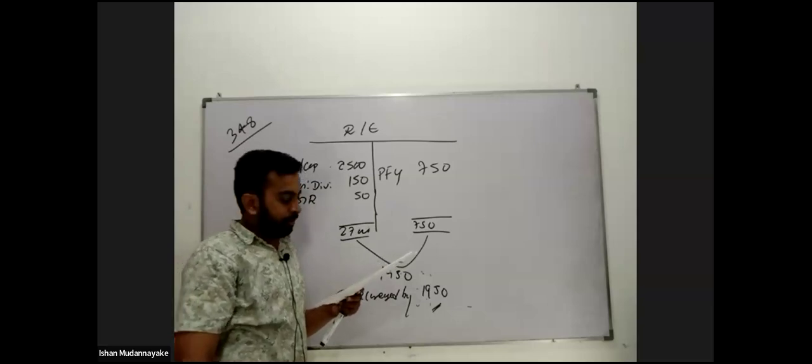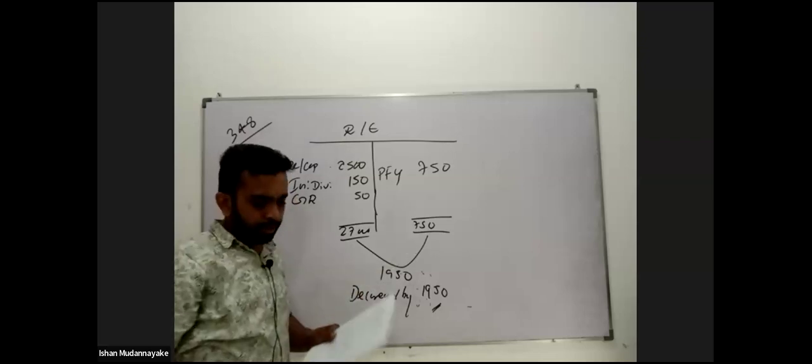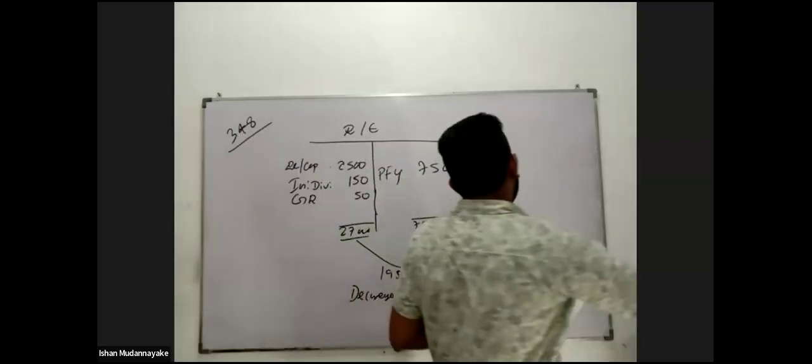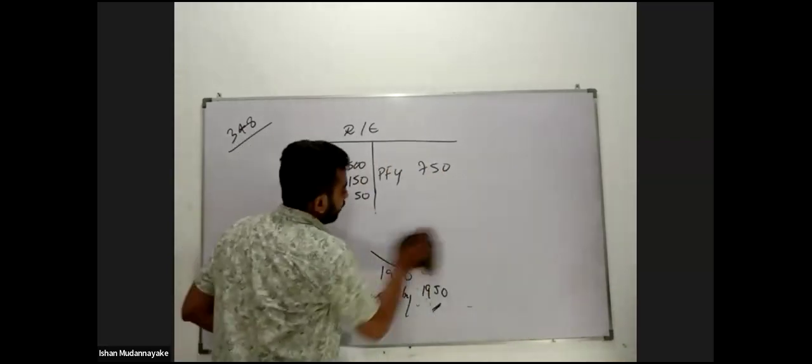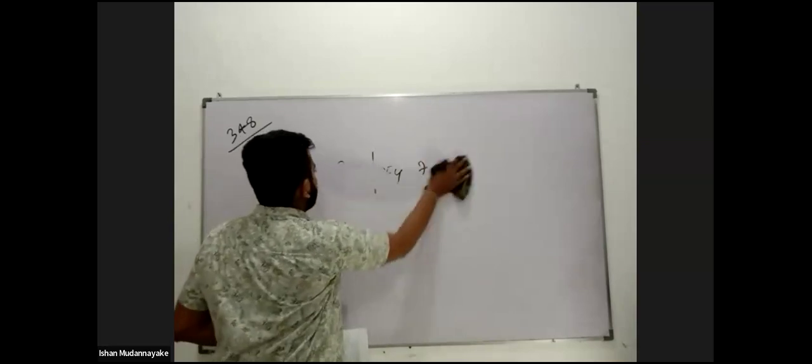How to get the current ratio? Current assets divided by current liabilities.